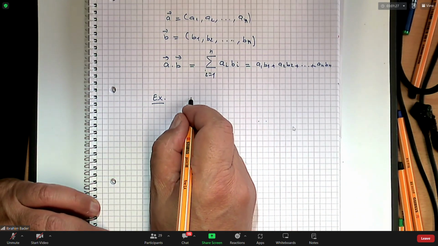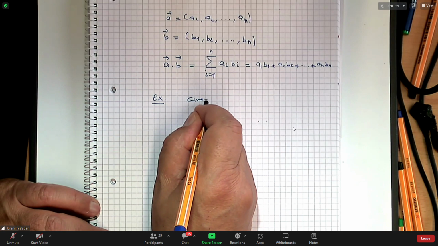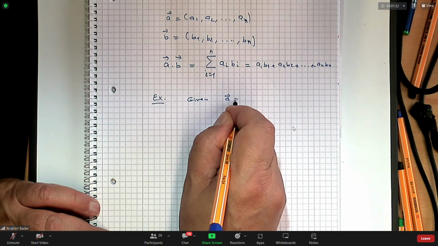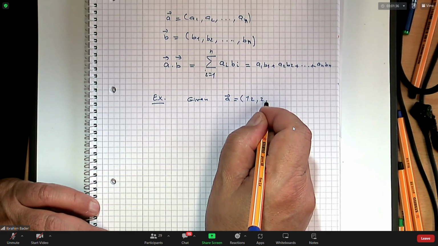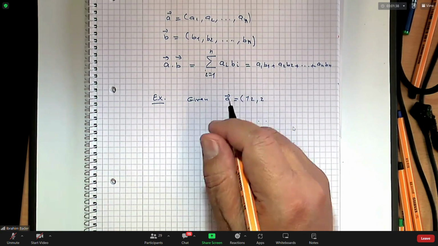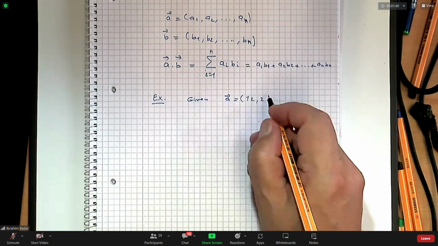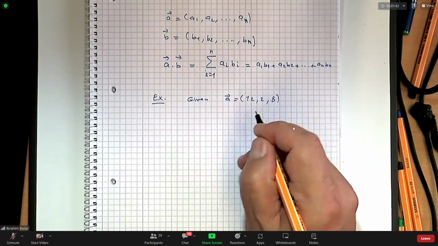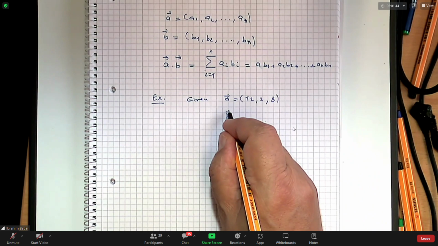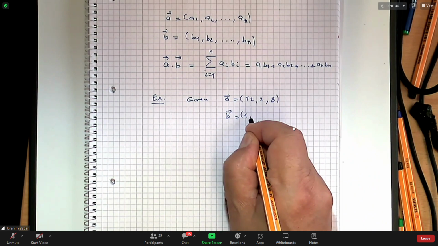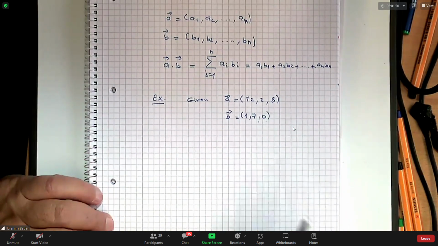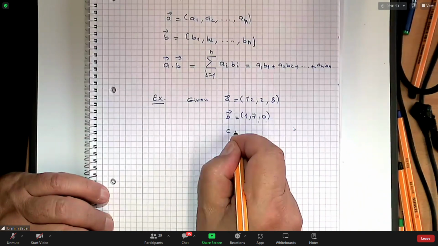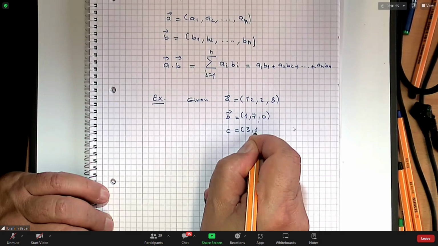Okay, so given the vectors A: 2 and 8, vector B: 1, 7, 0, and vector C equals 3, 1.